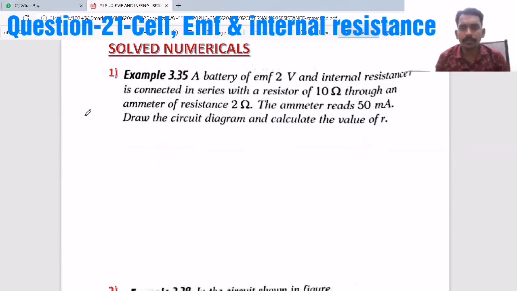Now, a battery of EMF 2 volt and internal resistance R is connected in series with a resistance of 10 ohm through an ammeter of resistance 2 ohm. The ammeter reads 50 milliampere.